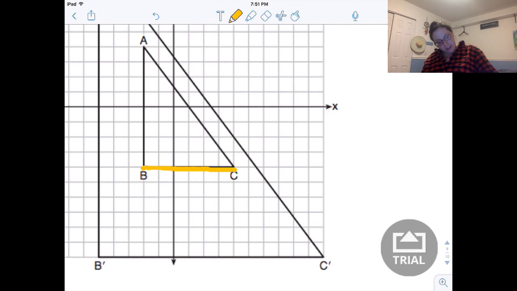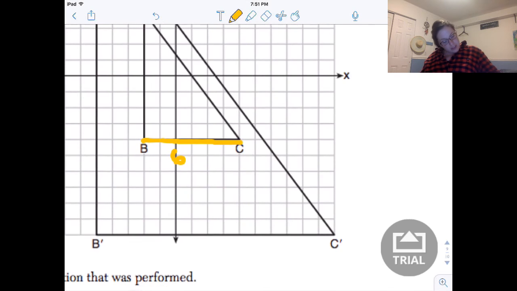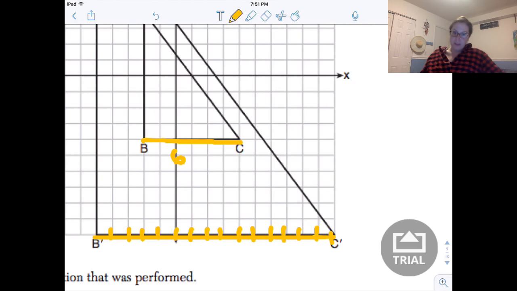My image, this is 1, 2, 3, 4, 5, 6, 7, 8, 9, 10, 11, 12, 13, 14, 15, is that right? Okay. So it went from 6 to 15.